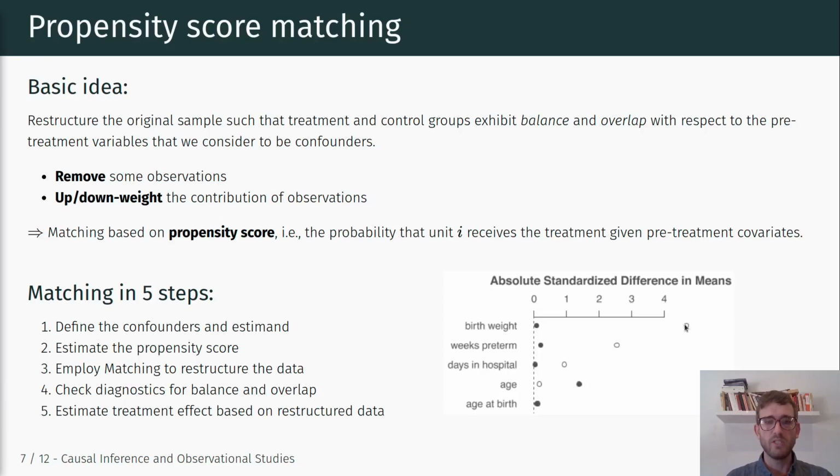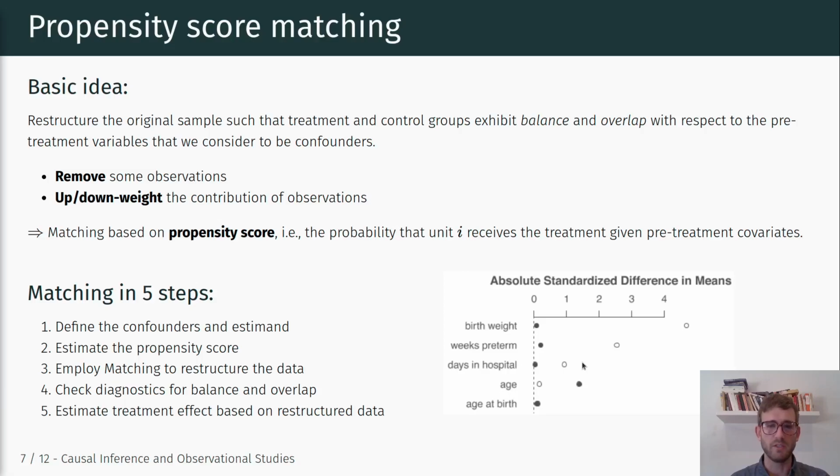Here the white or hollow dots are the differences between treatment and control prior to matching, and we see, for example, in this study quite strong imbalances in birth weights and days in hospital.